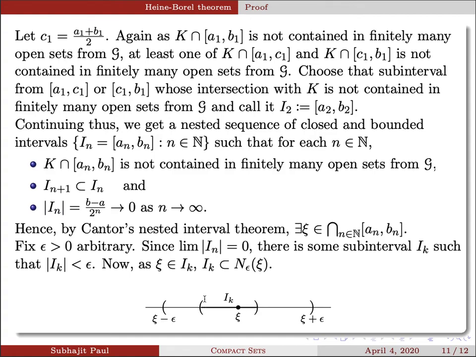So this entire Ik has no other choice but to be inside this epsilon neighborhood of xi. Ik has to be within the epsilon neighborhood of xi. Correct? Let's see what this implies.